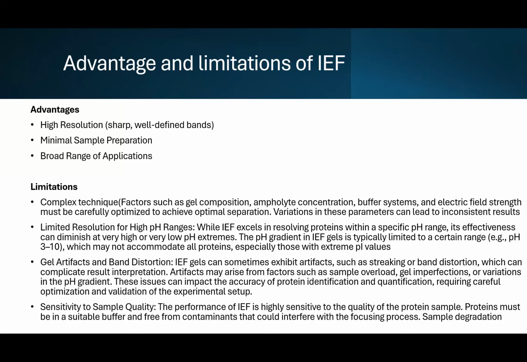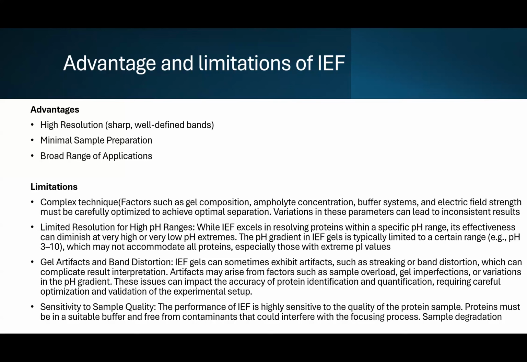But there are some limitations, which are actually very similar to the limitations of gel electrophoresis. For example, we need to be careful about the gel composition and ampholyte concentration. Ampholytes are the charged molecules that establish this pH gradient in IEF. We need to be careful about the buffer systems and the electric field strength.